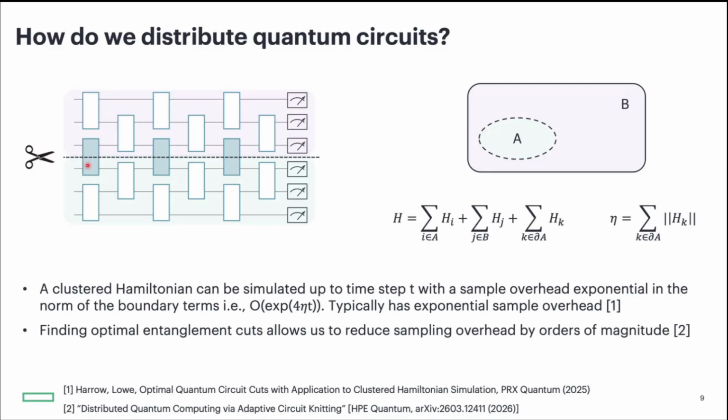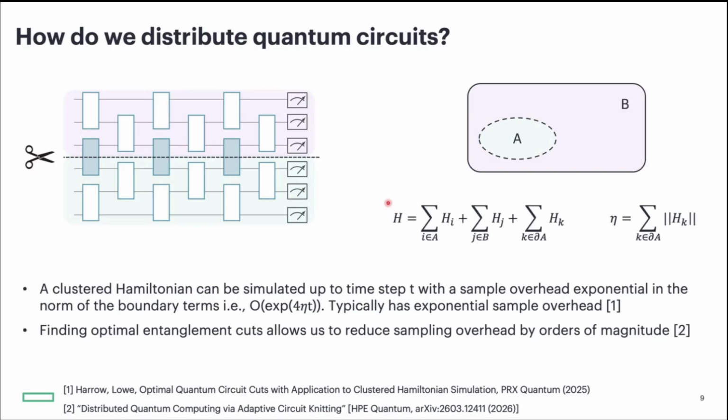Okay? This has a number of limitations, perhaps the most famous one being that typically the cost incurred is exponential in the number of 2-qubit gates you cut. Right? But it turns out, like a lot of exponentials in nature and in real life, some of this can be more due to poor algorithms, and I'll give you an instance of that. Okay, so my goal is not to distribute arbitrary quantum circuits, but to distribute Hamiltonian systems which have locality.